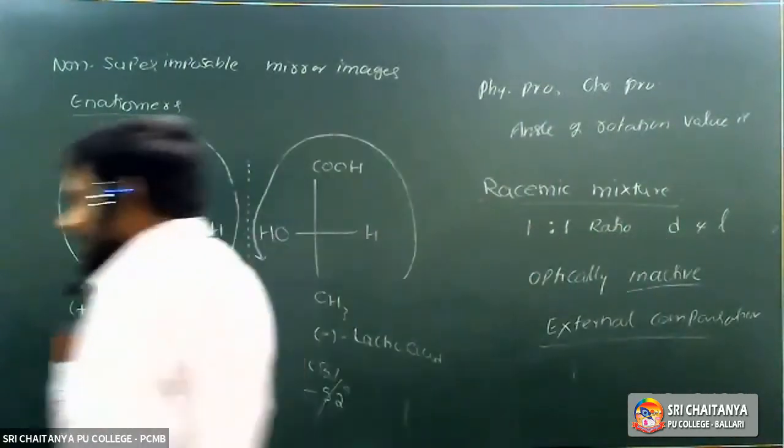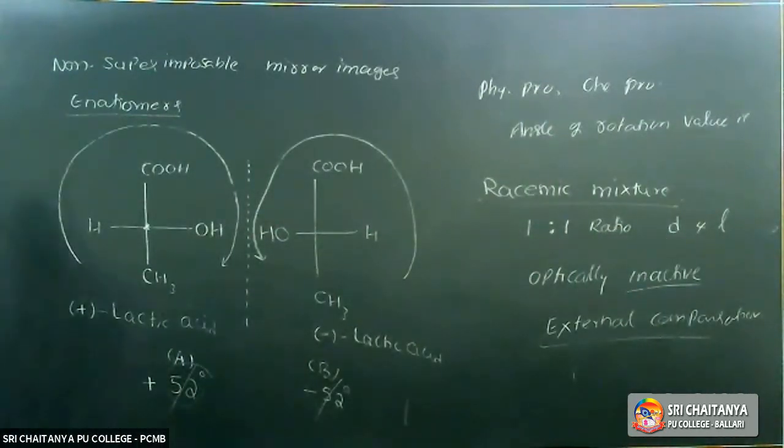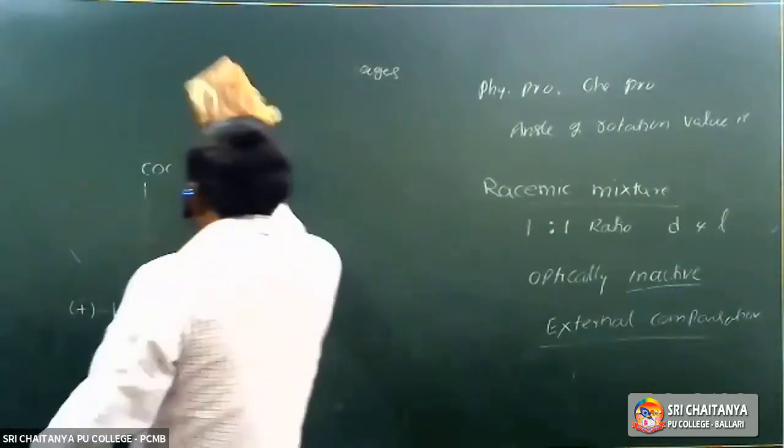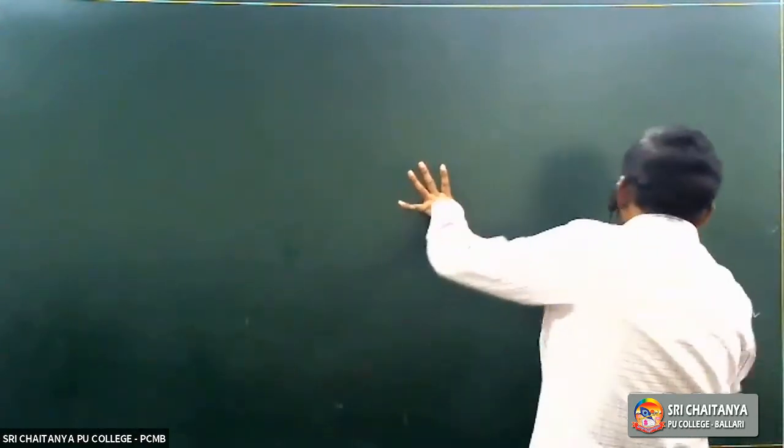Next, what are diastereomers? What are their properties, and what are examples of diastereomers? The next concept is diastereomers.